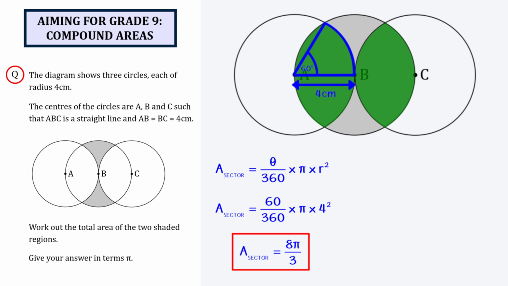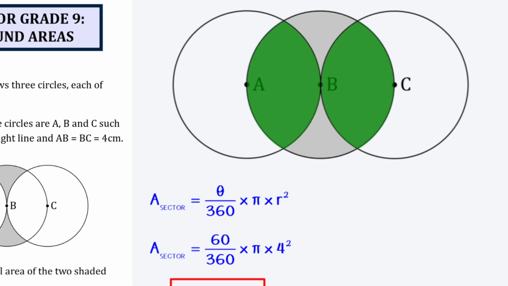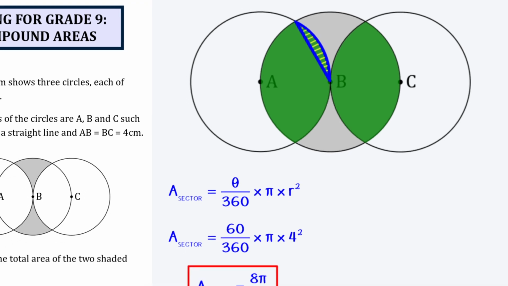So we now know that all the sectors have an area of 8 pi over 3. And all we need to do now is find the area of the segments. And as you can see, we can find the area of a segment by subtracting the area of the equilateral triangle from the area of the sector.